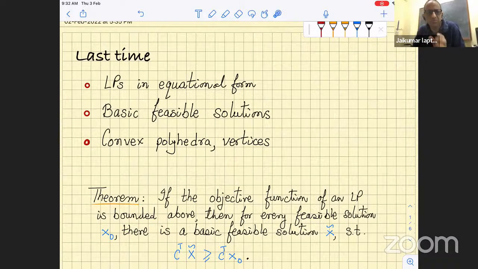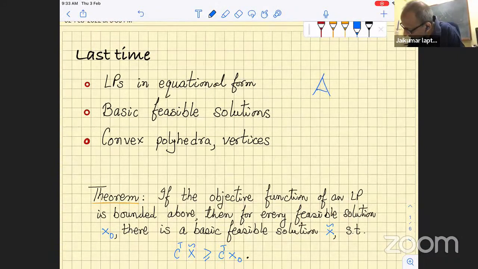A solution was basic if you look at the support of the solution, meaning those coordinates where the solution vector has non-zero values, and you had this matrix which looked like AX equals B. So A will be a matrix like this.